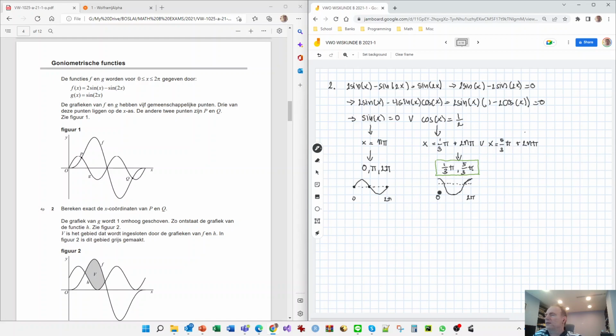You can make a drawing, no matter how ugly it is, just as a sanity check, right? So it makes sense. It's just over 1/2 pi, and the symmetry of the cosine will also tell you it will occur here. So 5/3 pi, which is what they were asking.